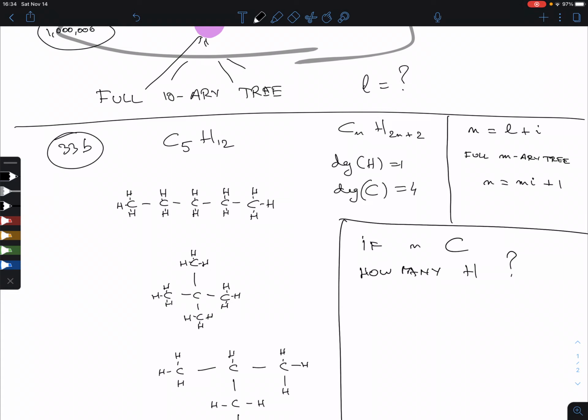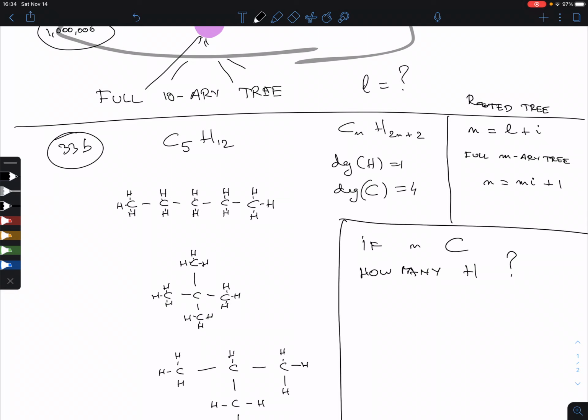I do a review of this later on also again, but to talk about m-ary trees, to talk about leaves and internal vertices, you have to have a rooted tree. This is only for rooted trees. It makes sense only because the notions of leaf and m-ary all depend on a root.